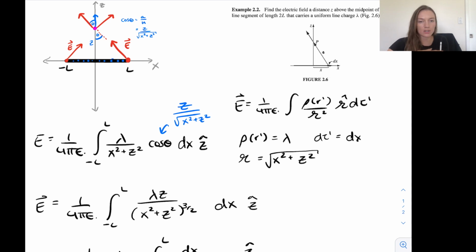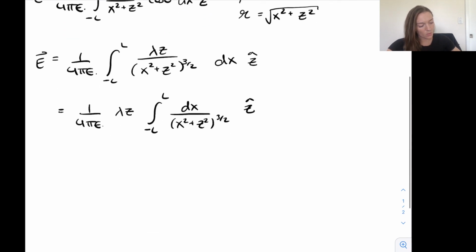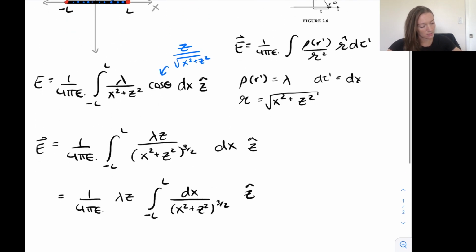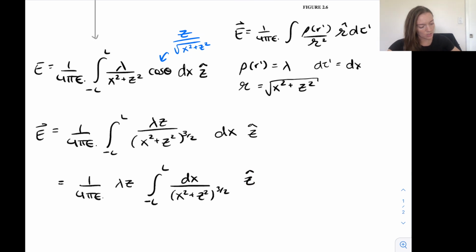So you should never integrate over r hat or phi hat or theta hat, because they change direction as you integrate. So you always want to get your vectors into either x hat, y hat, or z hat, because those are fixed. They don't change direction as you integrate. So we have our integral, we have our z hat here. So we can just write down or look up the answer to this integral.